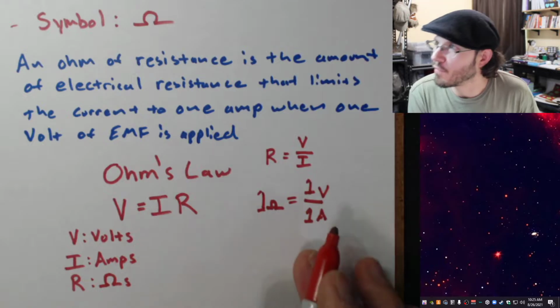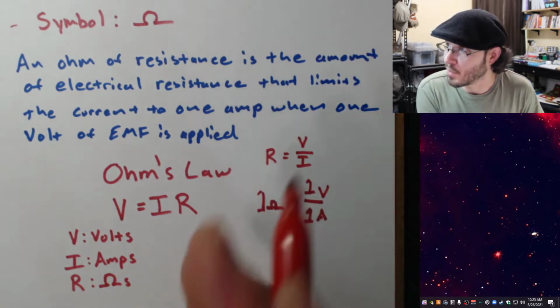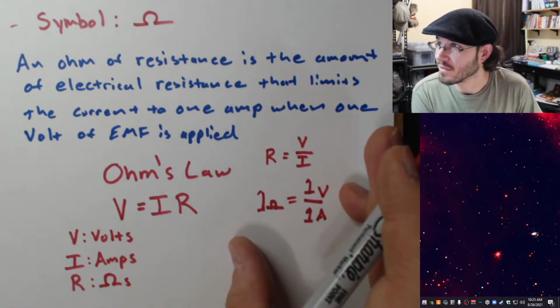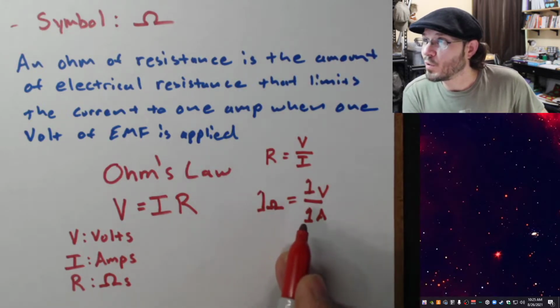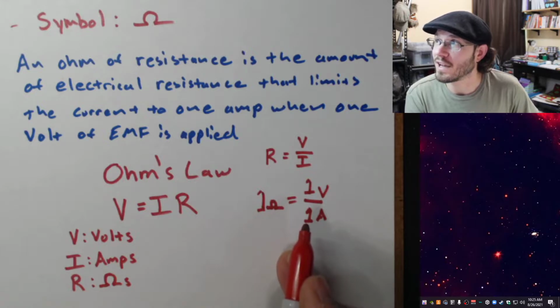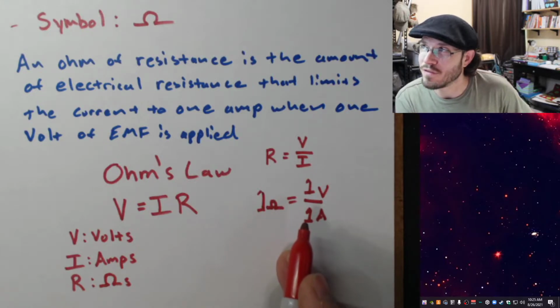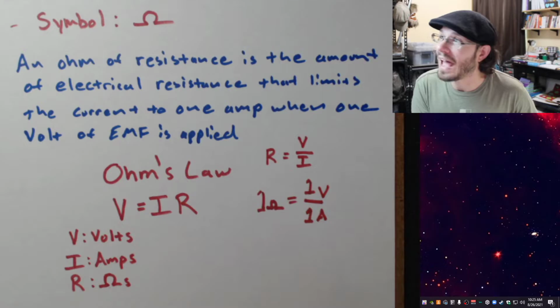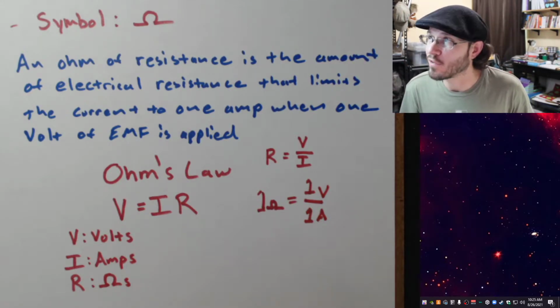The definition of a volt and resistance are reliant upon each other. 1 coulomb is pretty easy to understand. I sit there and I count 6.25 times 10 to the 18 electrons fly past my face in 1 second. That's 1 amp of current.